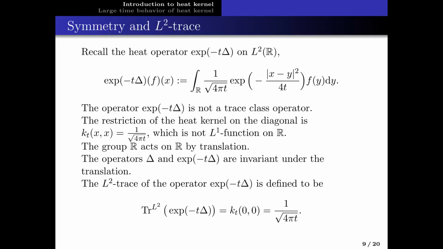The answer is that the L2 trace, or volume trace, of the heat kernel on the real line is 1 over the square root of 4 pi t. You can see that this answer is really an infinite dimensional phenomenon, because for matrices we have only exponentials of eigenvalues. Only when we consider an infinite dimensional Hilbert space do we have this kind of phenomenon. So that's the real line.